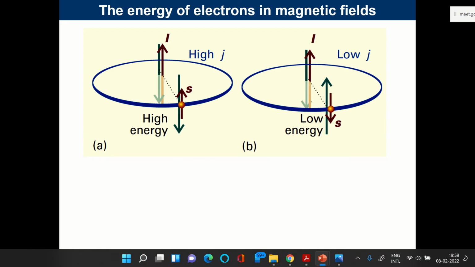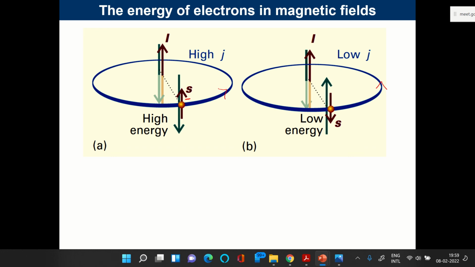So you have two possibilities for spin. Assume that this is moving in the same direction, the orbital motion is the same, but the spin is inverted. So look at the direction of spin. If the spin is inverted, then we have two cases.